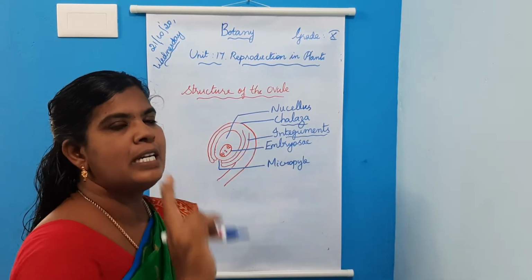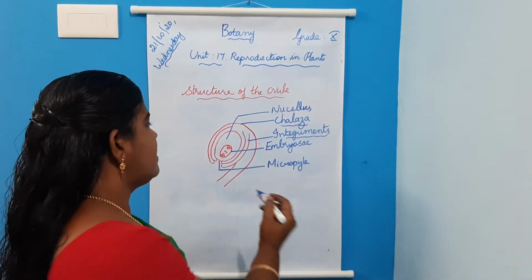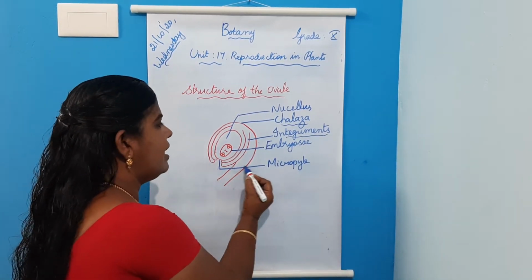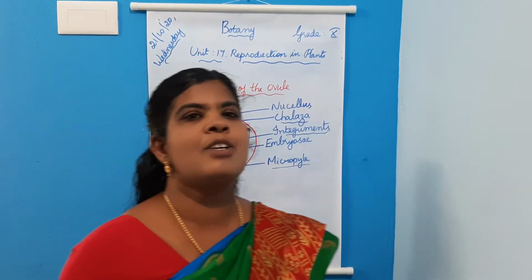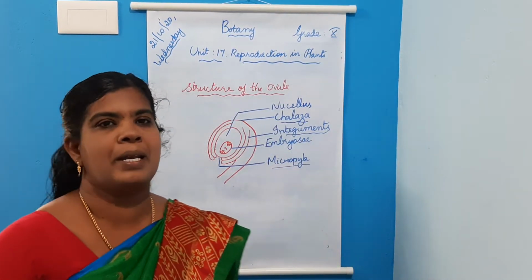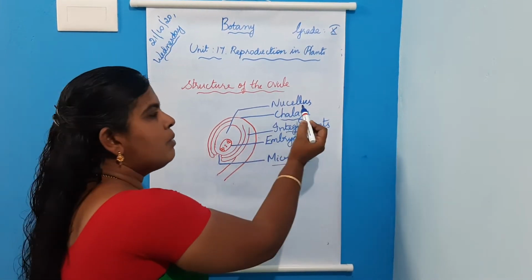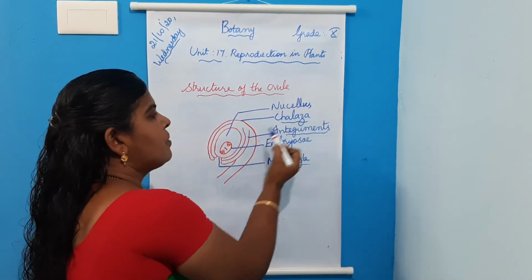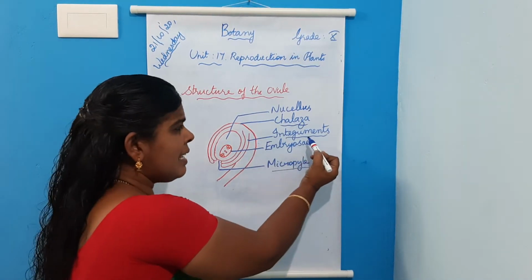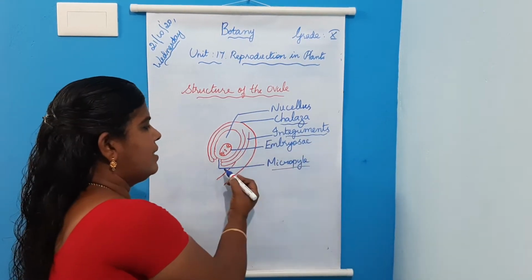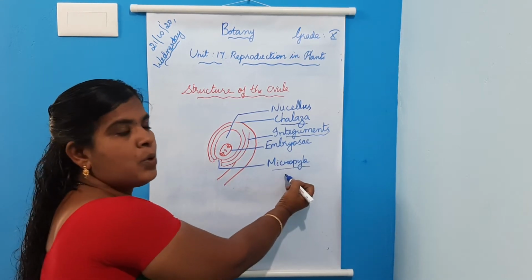These integuments leave an opening which is called micropyle. So what is the opening of an ovule? It is called micropyle. The nucellus is enclosed by two protective layers called integuments, which leave an opening called micropyle.